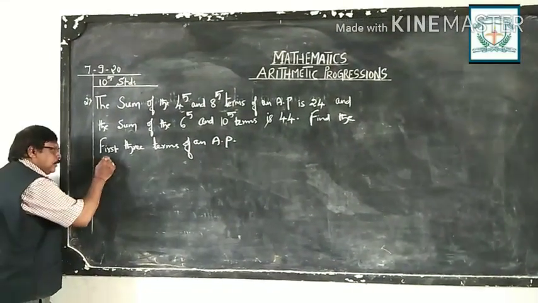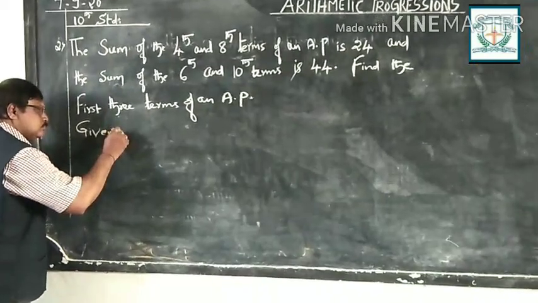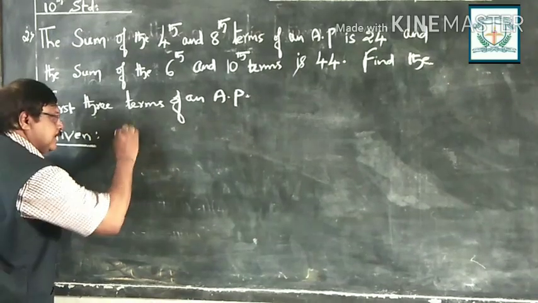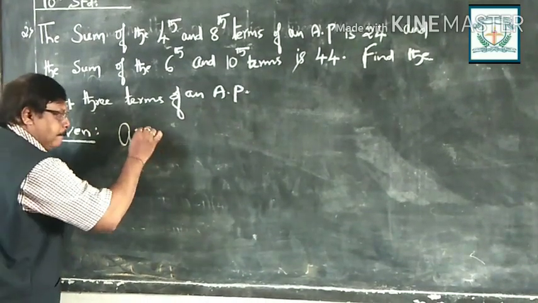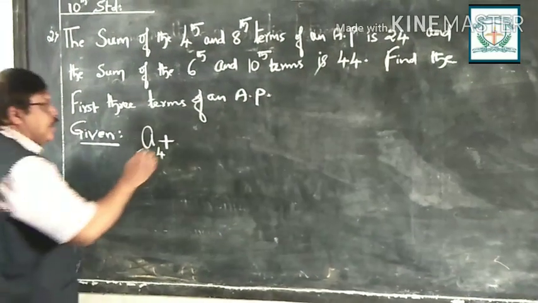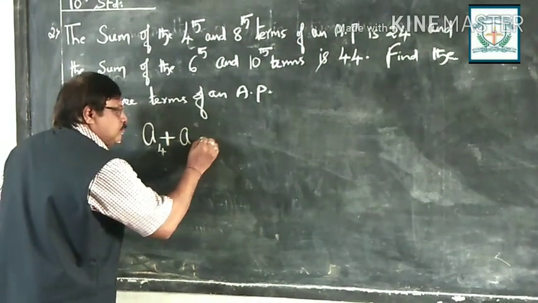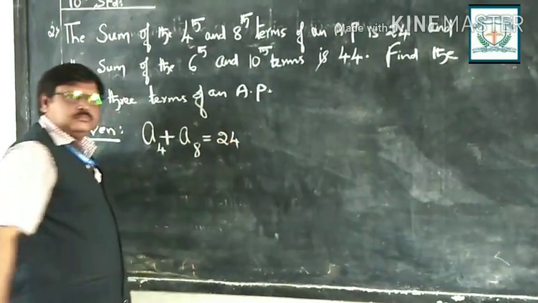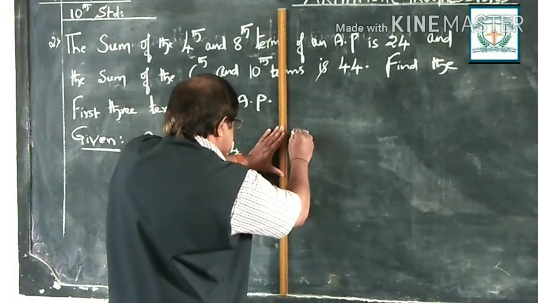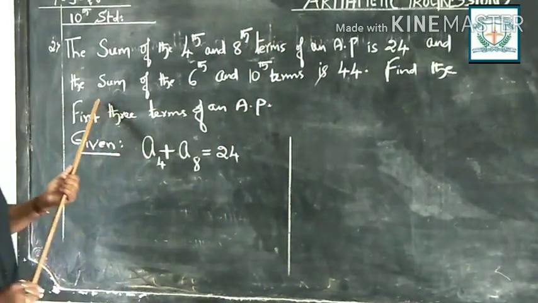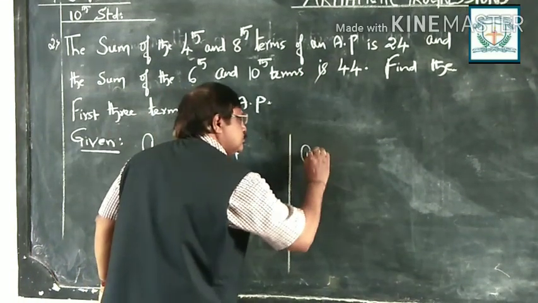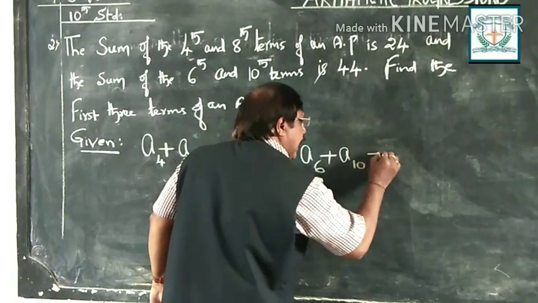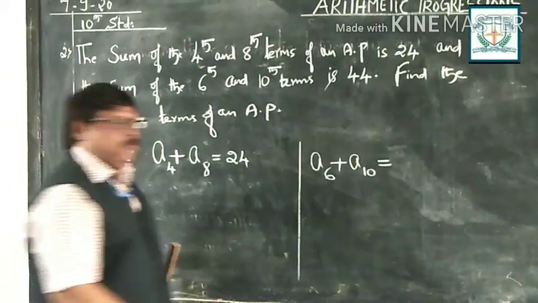See the given in this problem. The sum of the 4th term, a4, plus the 8th term, a8, is equal to 24. Similarly, the sum of the 6th term, a6, plus a10 is equal to 44.